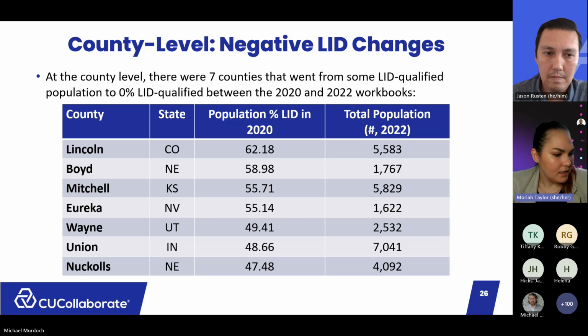But on the bright side, on the next slide, I highlight a couple of counties that saw significant decreases in both percentage and number of LID qualified individuals. That would be Dutchess County and Sussex County. Michael, can you go to the next slide, please?